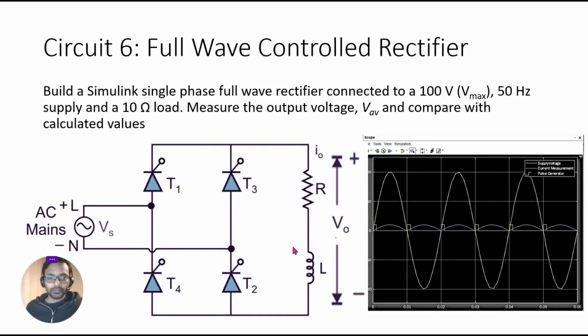In the figure I've used an RL circuit, but we have to use a 10 ohm resistance only load, and we have to measure the output voltage, the average output voltage, and compare with the calculated values. So now let's go on to Simulink and try to implement this circuit.